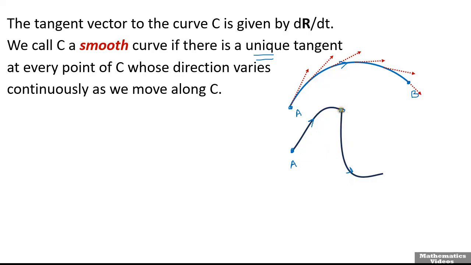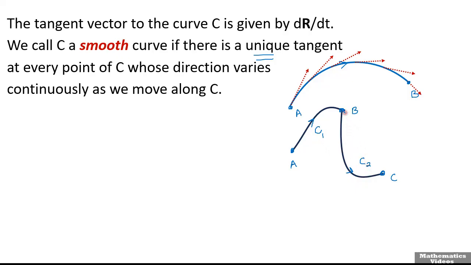Suppose this point is the point B and the terminal point of the curve is the point C. Clearly this curve ABC consists of two curves that are joined end to end. The first curve is the curve AB, and let me call it the curve C1. And the second curve is the curve BC, and suppose this is the curve C2.